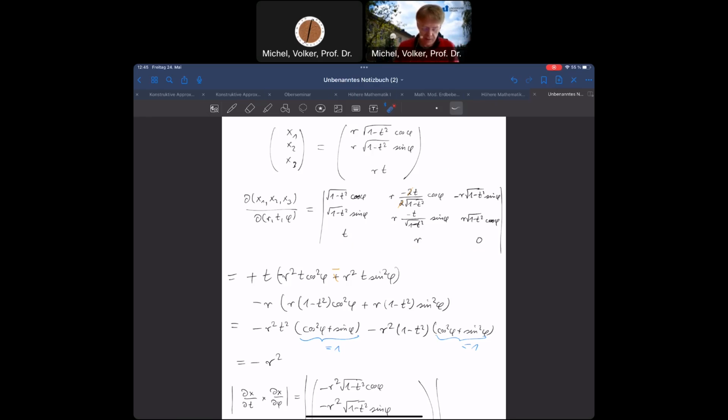Since we found out that this is the unit normal vector to the sphere, and those two are orthogonal to this unit normal vector, they must be tangential to the sphere. And since they are orthogonal to each other, they are an orthogonal basis of the tangential plane at the point associated to the polar coordinates t and phi.